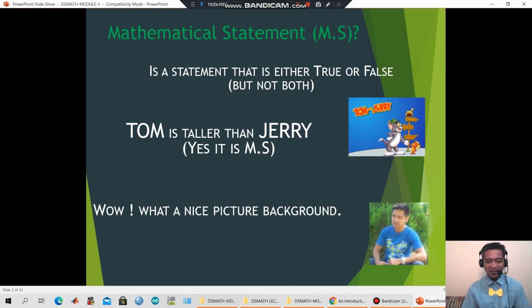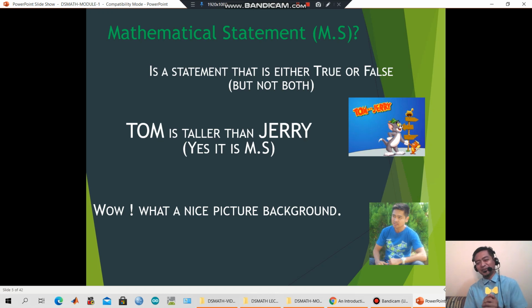Is this a statement? Rather, no? This second picture, or yung nakasulat dyan: Wow! What a nice picture background. Ano sagot? Okay, para dun sa mga sumagot in their mind ng yes, mali po tayo.